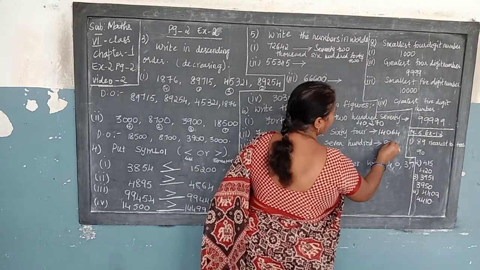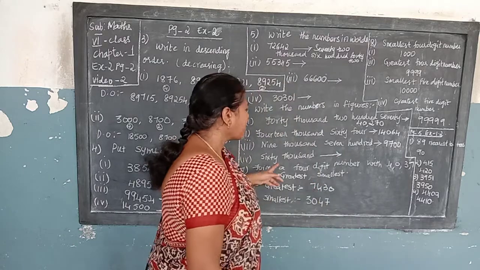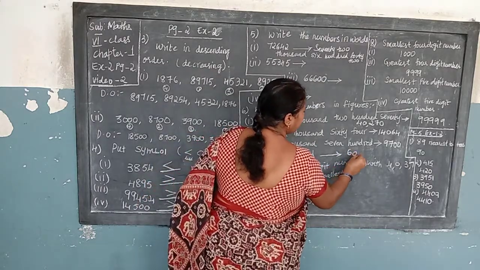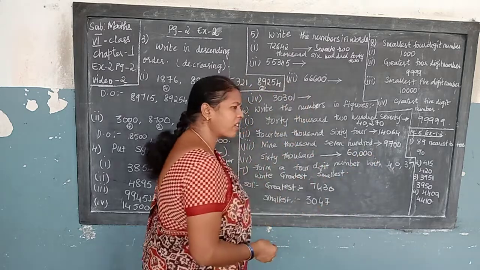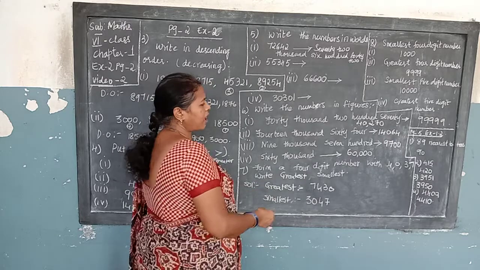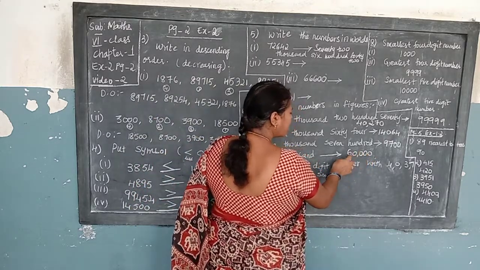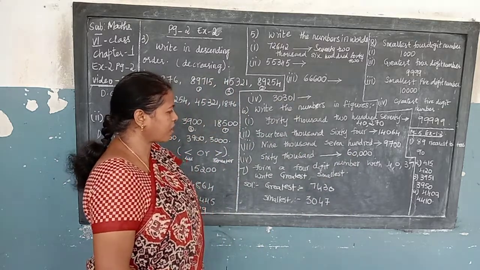How will you write? Next, 60,000. How are you going to write? Now how will you know whether it is correct or not? Place values, you know, children. Count: ones, tens, hundreds, thousands, 10,000. So that is 60,000.